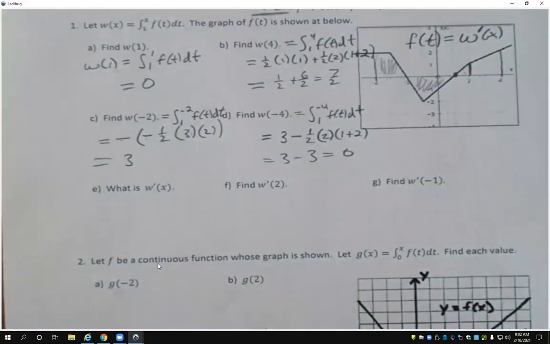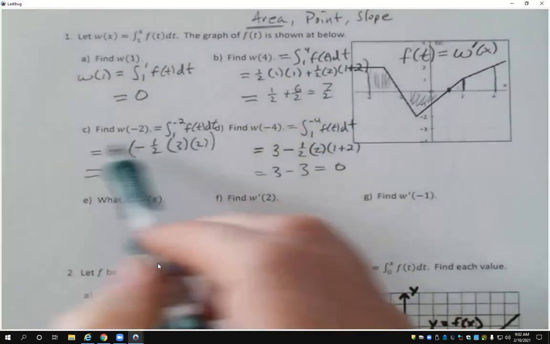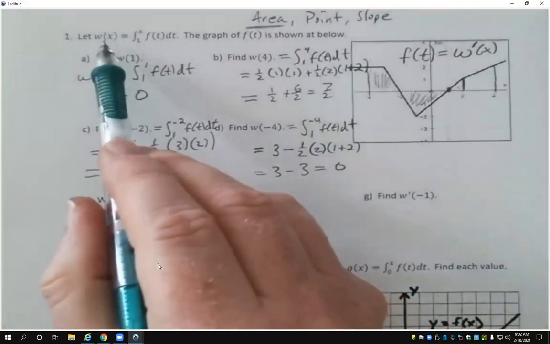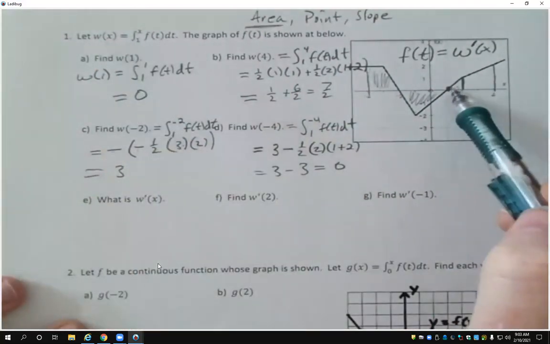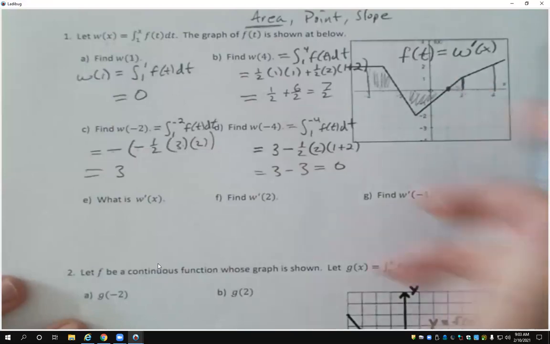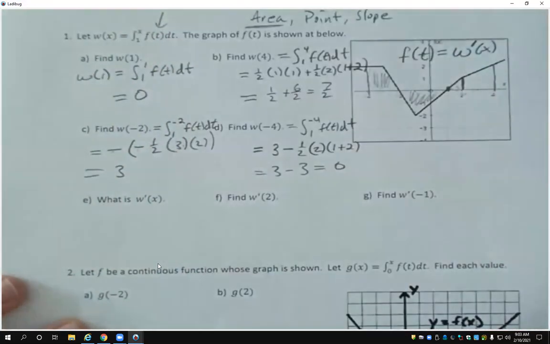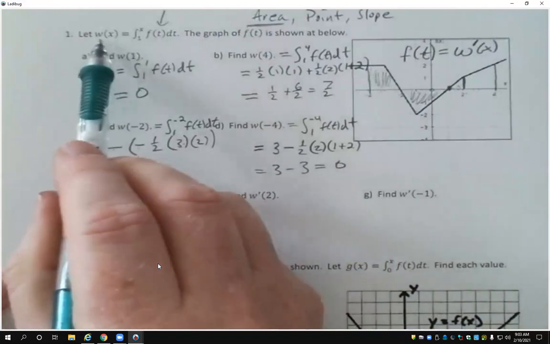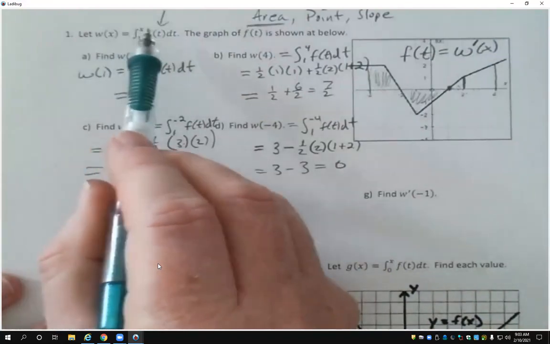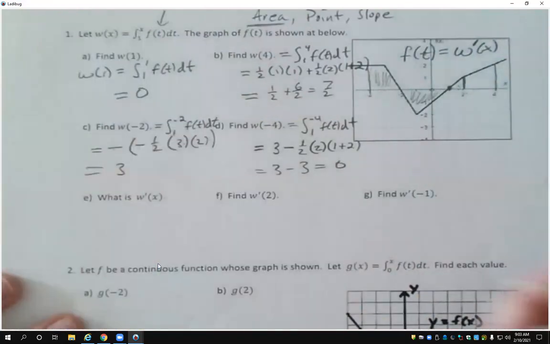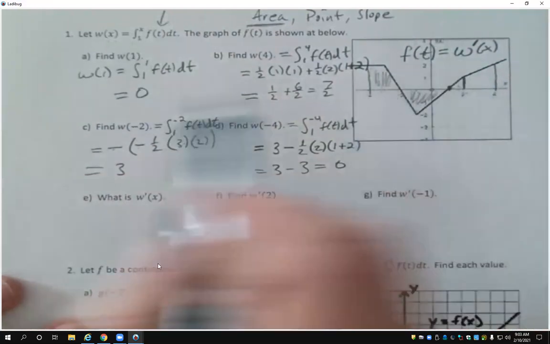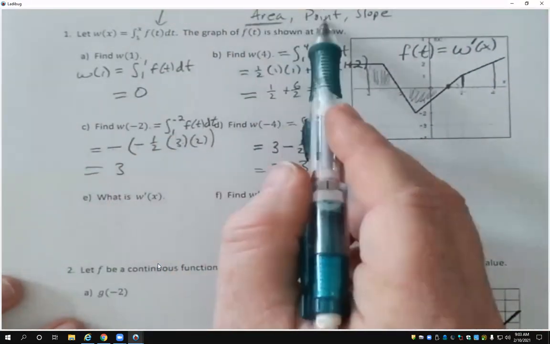Once again, the hardest part of all of this is typically interpreting what the question is asking. This is the graph of W prime, because it's the graph of that function, and that is my derivative, right? Because the antiderivative of a derivative is W. Then we have to decide: are we looking for an area, a point, or a slope?